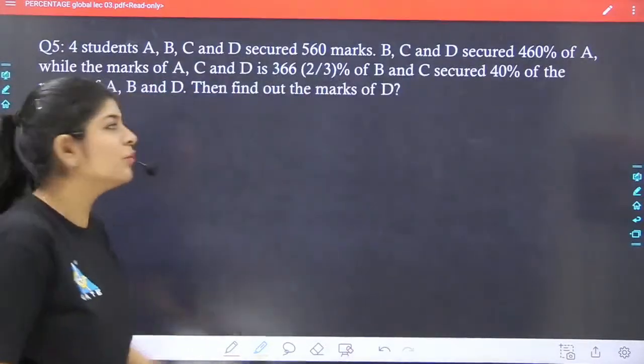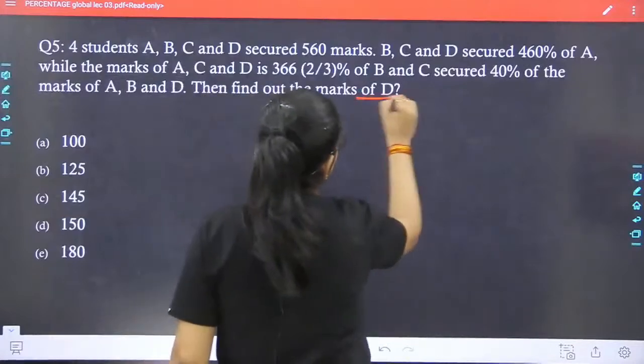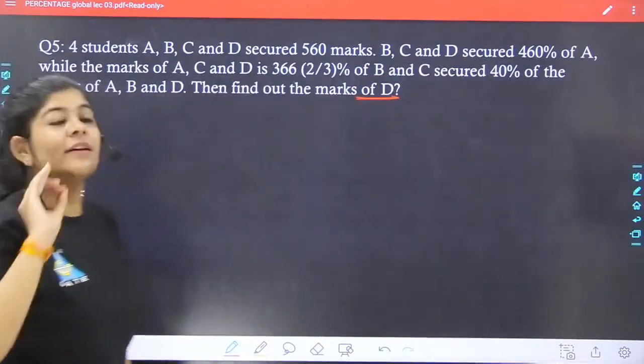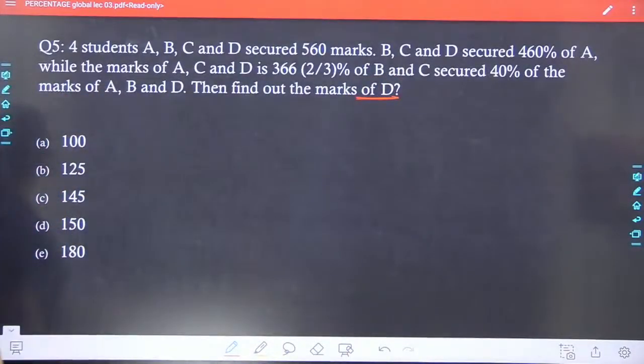What we have to do is calculate the marks of D. Read this question very carefully.